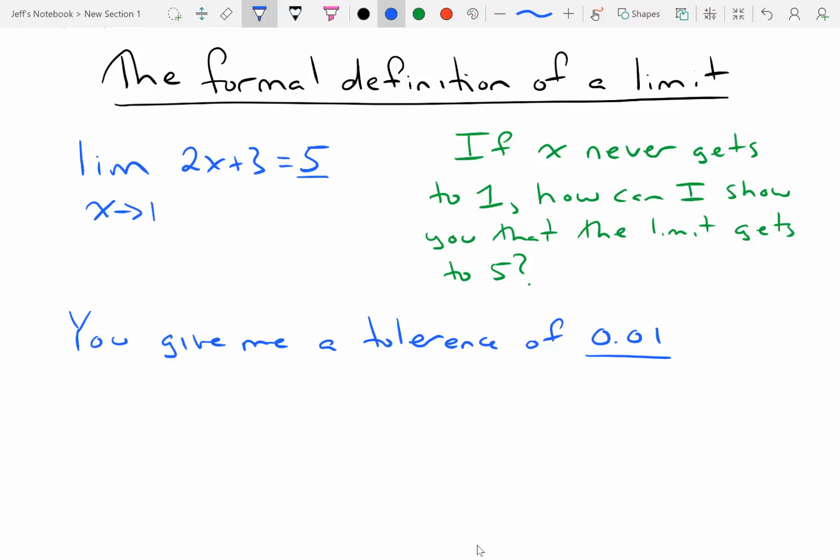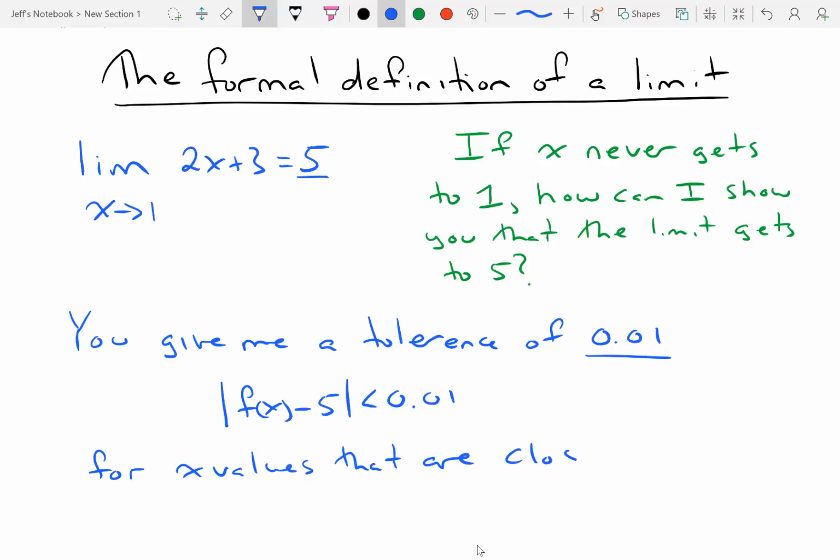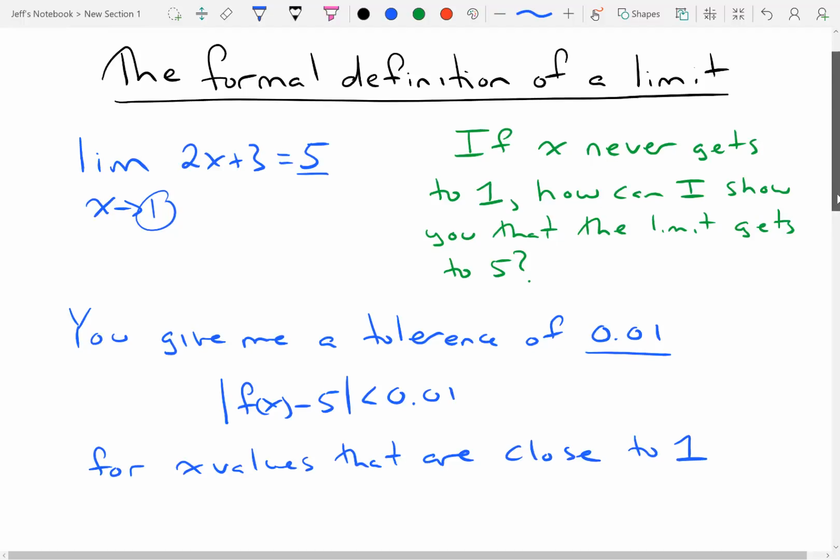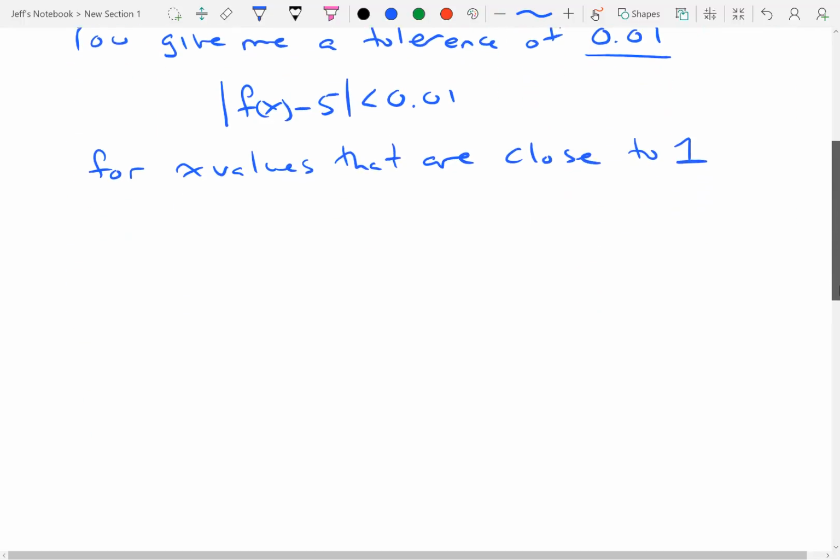So what I mean is that if I can show you that f of x minus 5, in absolute value, is less than this tolerance for values of x that are close to 1, one being the value that x is approaching, then I will have convinced you that this limit does in fact equal 5. And there's no way that you can hear this the first time and have that make sense at all. But let me remind you of a couple things from algebra.